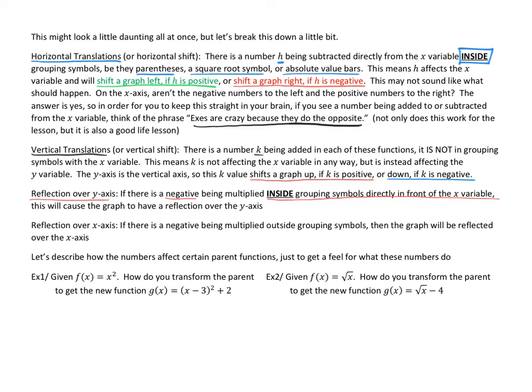That's how you will get a reflection over the y-axis. And then lastly, the reflection over the x-axis, which is much more common, if there's a negative being multiplied outside of grouping symbols, but it'll still be in the front of everything. That's how you know that it'll have a reflection over the x-axis.